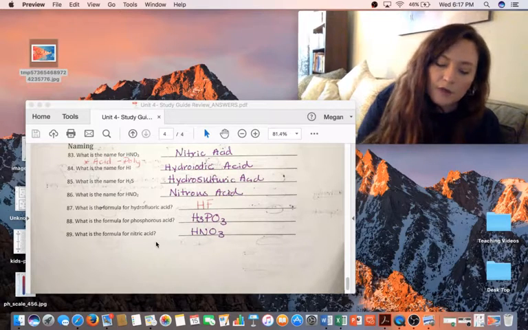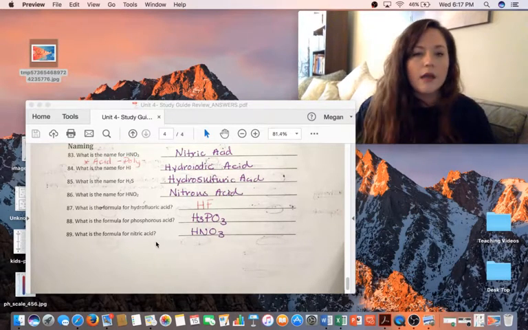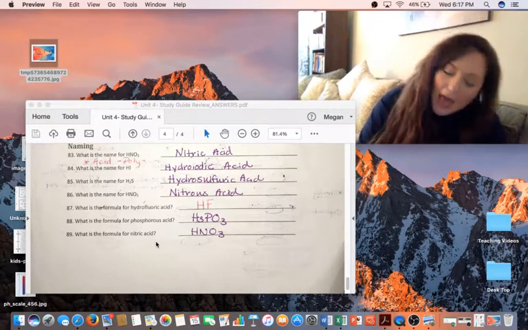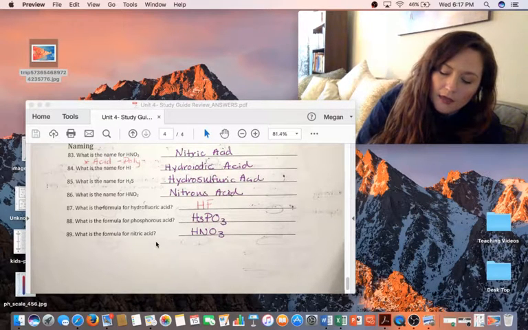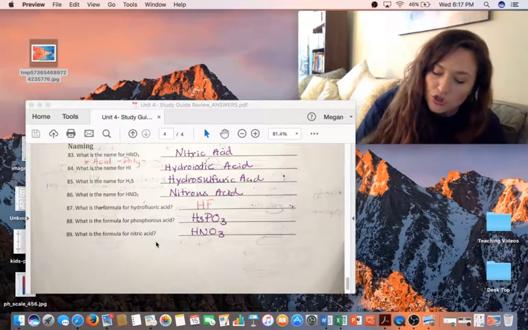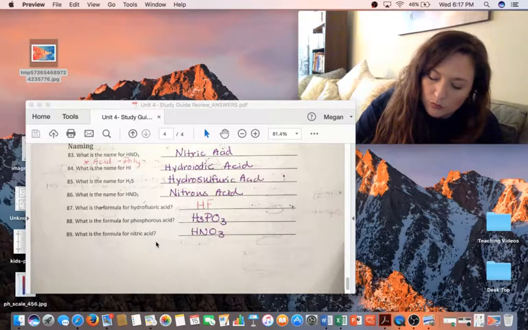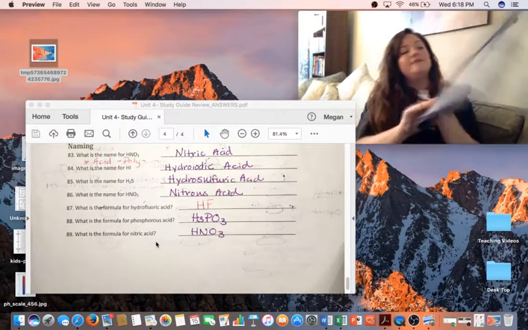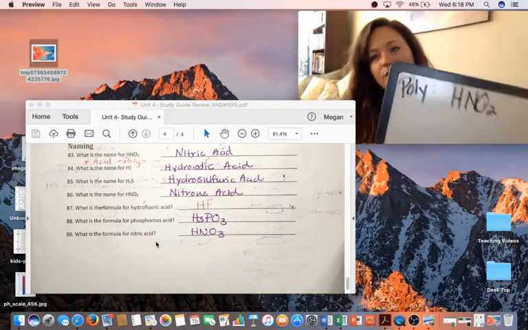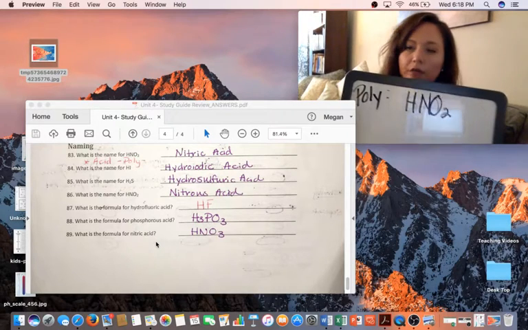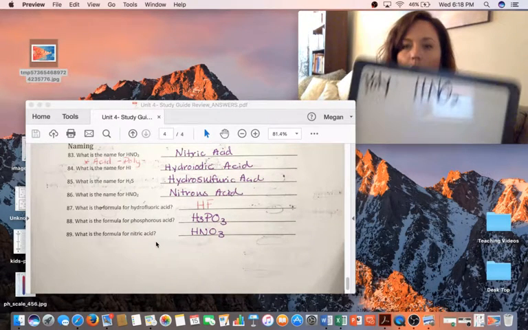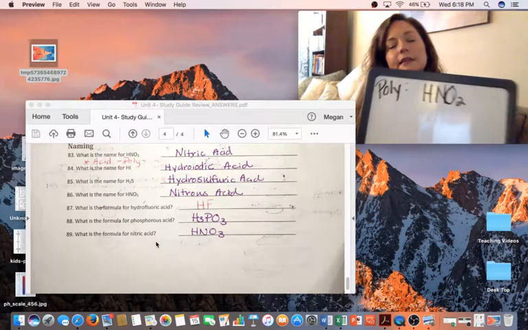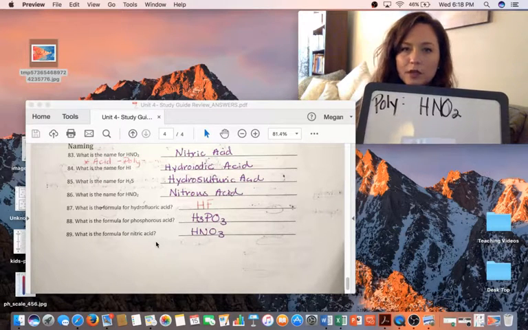So I'm wiping off my board. And let's use HNO2. Again, when you see this chemical formula, you should notice, oh my goodness, he has three capital letters. He is polyatomic.